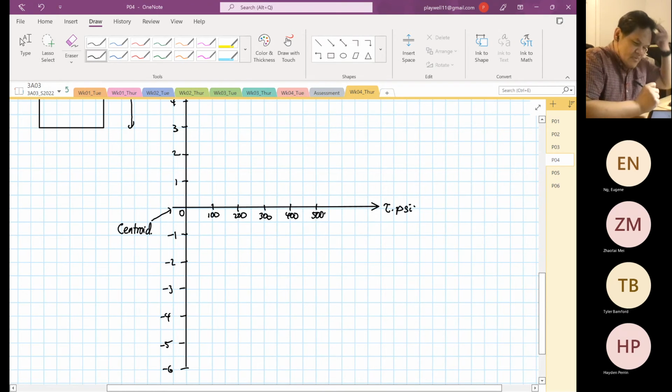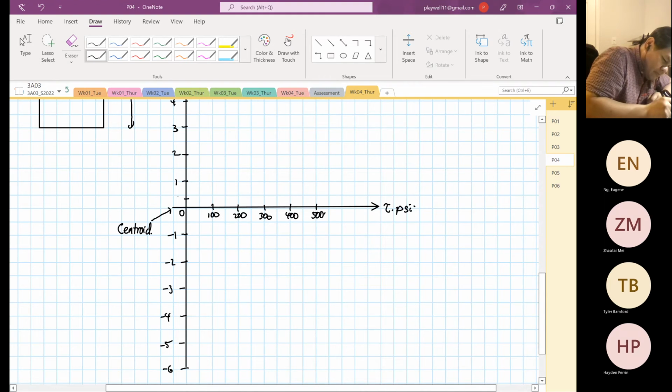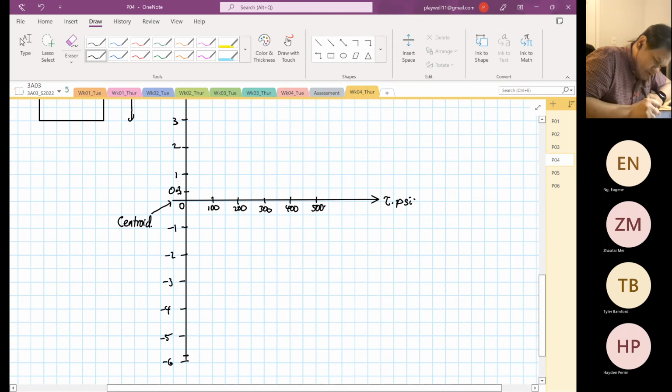And then we know that down here is our 0.3. And then the bottom part is 5.7, so we have our 5.7 over here.